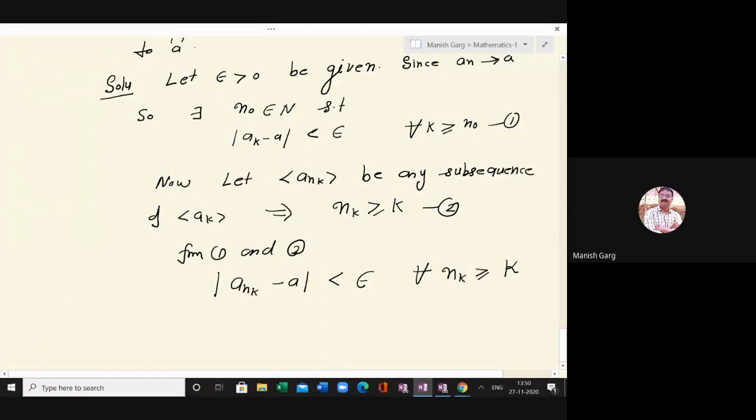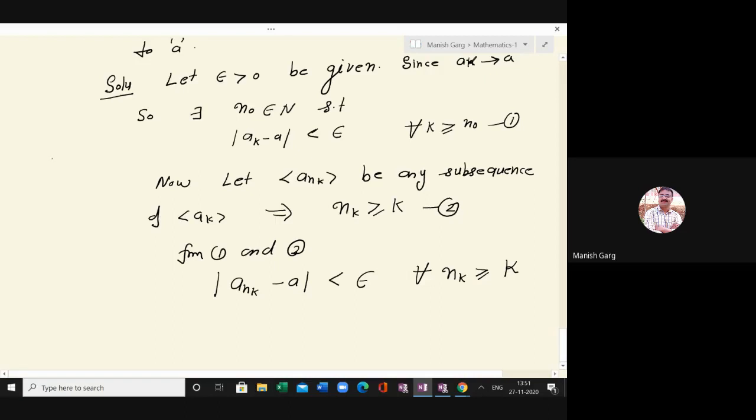What I am doing is explaining this. Suppose a_{n_k} is any subsequence. If a_n converges, you take a_k, I am changing this, a_k converges to a, so this will hold for k greater than n naught. Now we know that if you take a subsequence, n_k is always greater than or equal to this k.